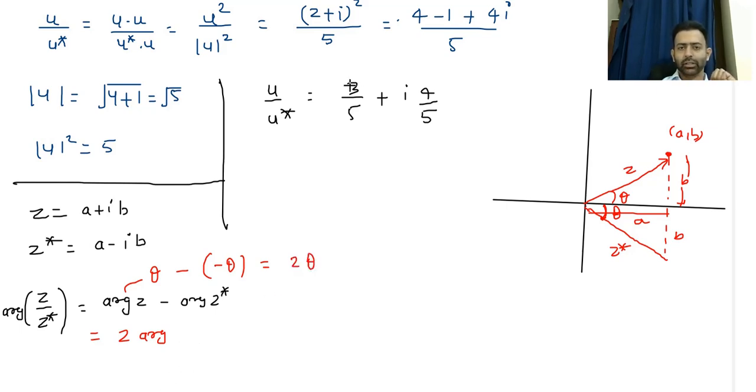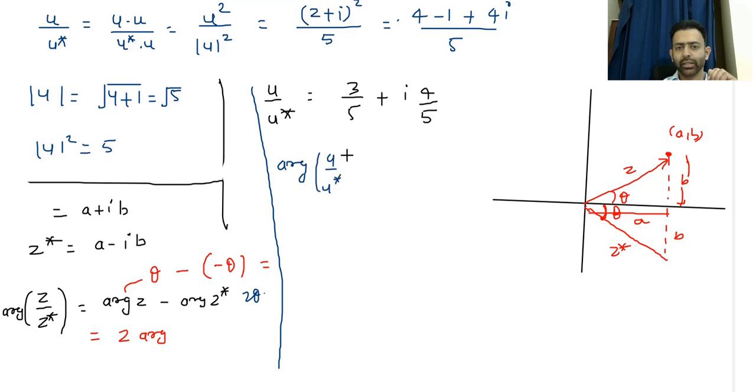Right. So in the given question, if I have to prove this, it is 2 theta. So u by u conjugate is 3 by 5 plus i 4 by 5, and its argument is tan inverse of 4 by 5 divided by 3 by 5, which is basically tan inverse 4 by 3. This is your left hand side.